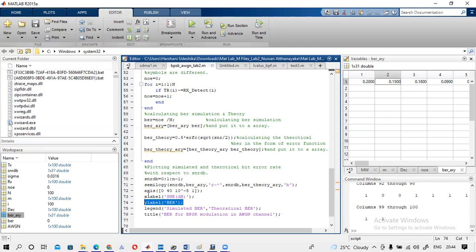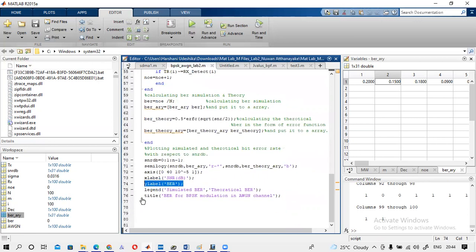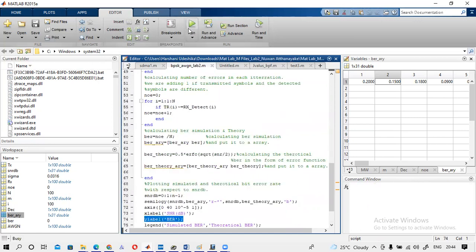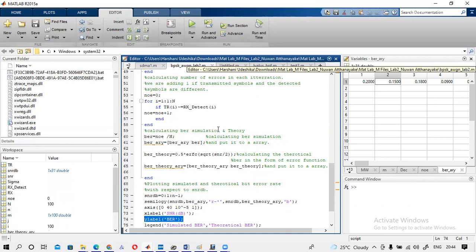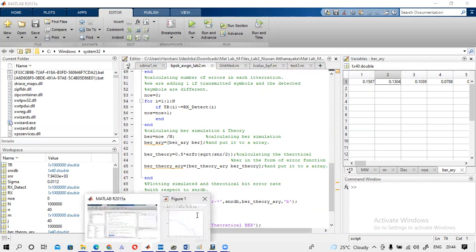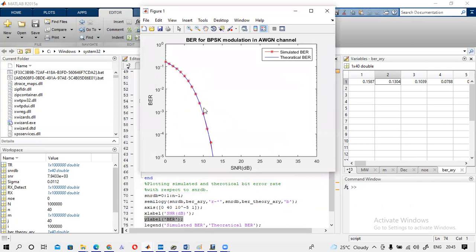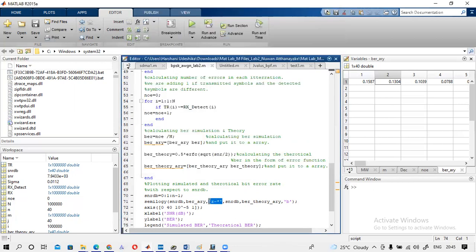You can also do this in a formal way. If I run this, I think it will be very smooth. You can see that it is very smooth, and this red one is the simulated curve.